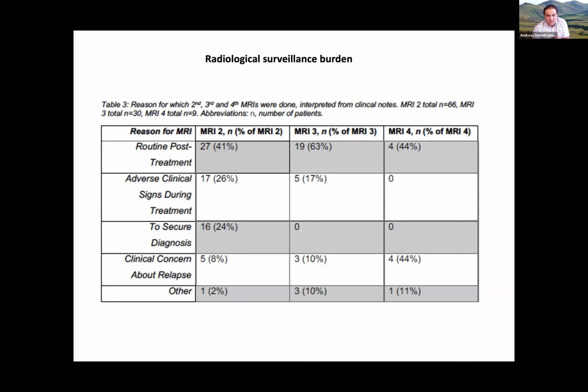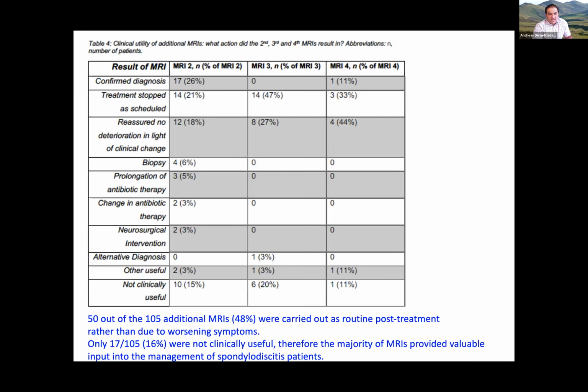What is the burden of radiological surveillance? So here we look at the number of MRIs that were organized for our patients. Some of them had 2, some of them had 3, some of them had 4, which is a combination of clinical decision-making, but also flexibility in the absence of a specific protocol. And then if we ask ourselves, are the extra MRIs useful?